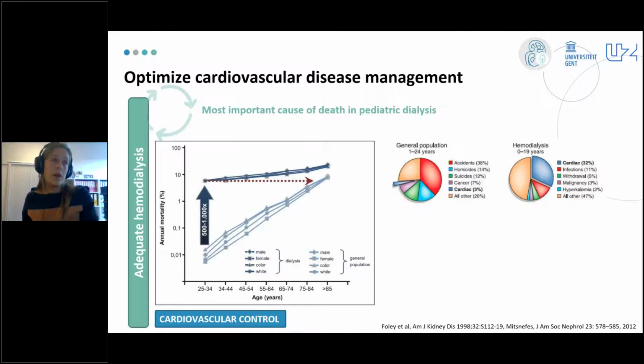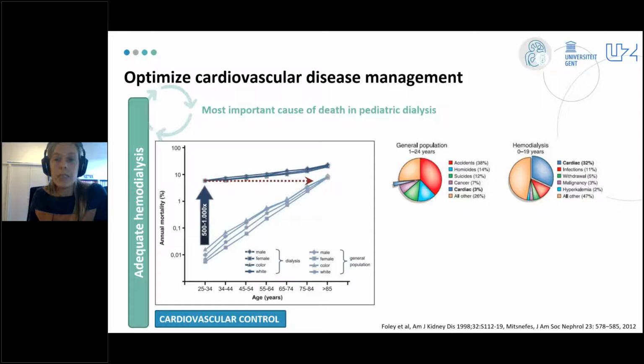A second important part of dialysis adequacy is, of course, your cardiovascular disease management. We know that cardiovascular disease remains the most important cause of death in our pediatric dialysis population. And we know that this cardiovascular disease management really plays a crucial role.